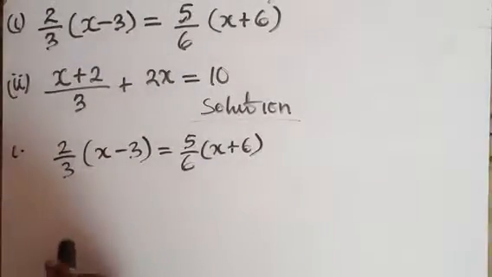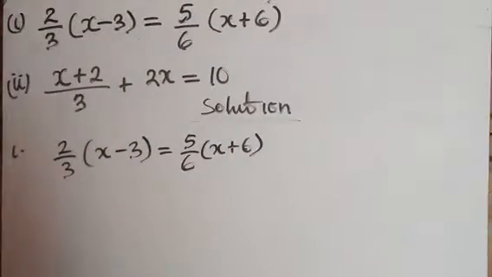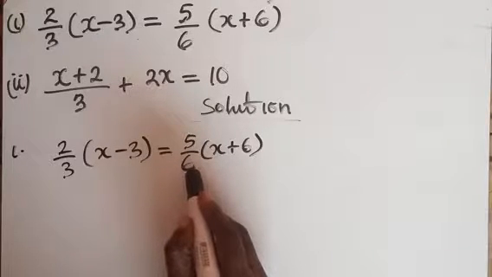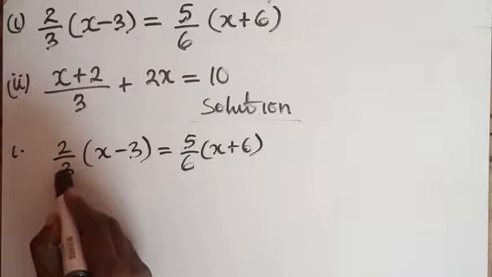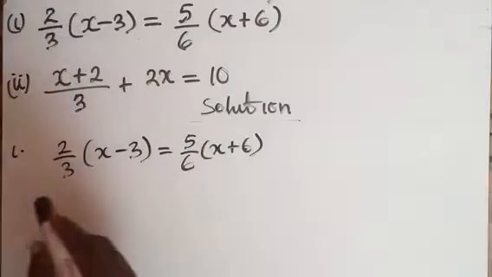First, make sure that it has become linear. So look at the figure over here. Always look out for the highest denominator. So the highest denominator is 6. You find a number that this will be multiplied with, so that you clear away the denominator. You have to let it become linear.